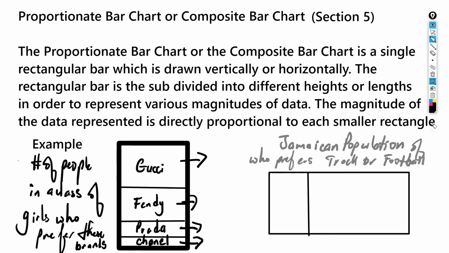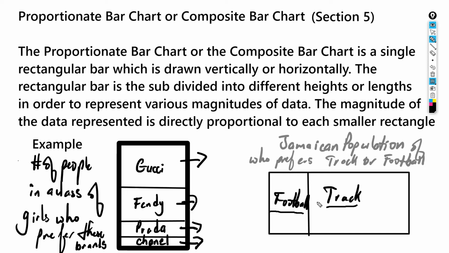Many people would answer this question by saying it's actually football, but that's really not true. More people in Jamaica genuinely like track and field, which is why the stadium is always so packed during Champs time. It's a very small number of people who like football in Jamaica. Most people are more in tune with the Diamond League, with track and field, and which team is going to win Champs this season.